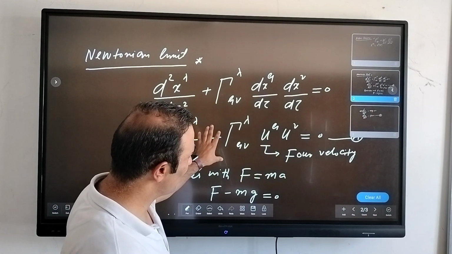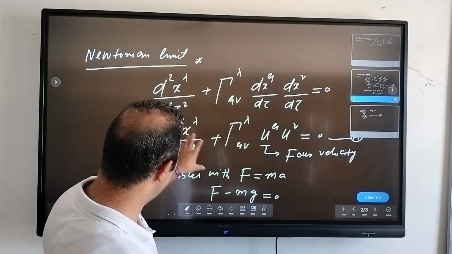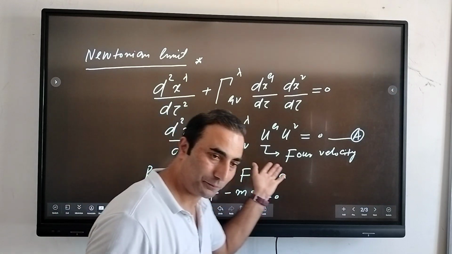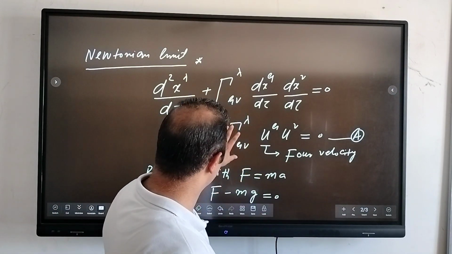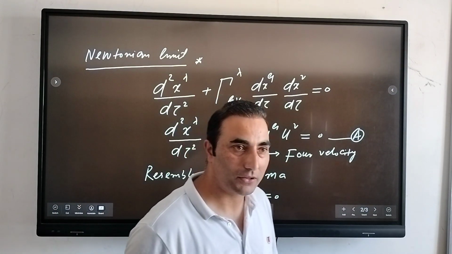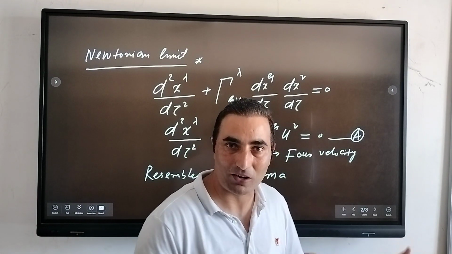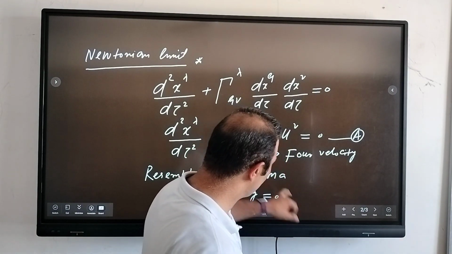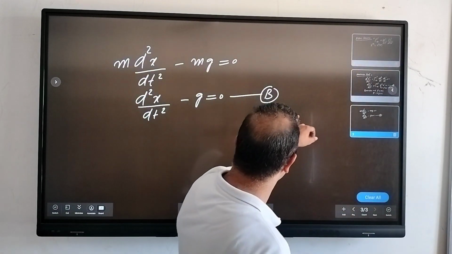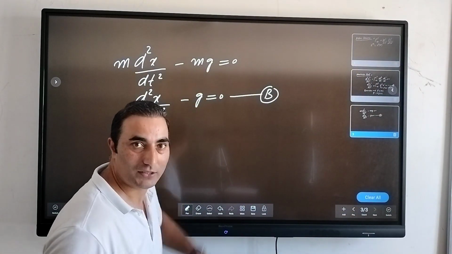If you compare this equation A with equation B, in equation A we have this term. So this is again that acceleration, right? And this term is because of that gravitational field, right? So if you compare these equations, that means this term corresponds to a gravitational field. So this g will be equal to that one, right?